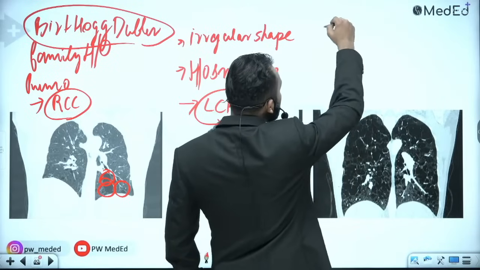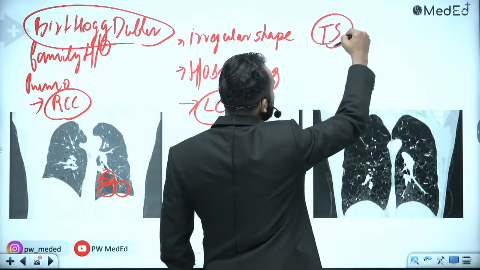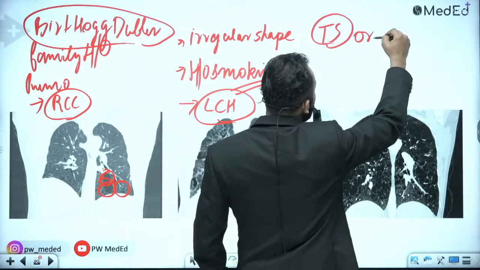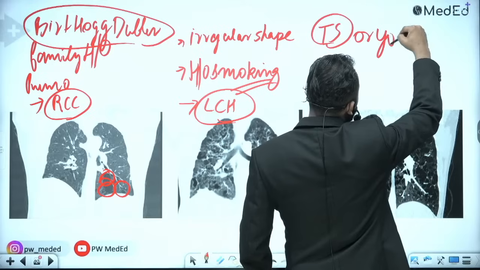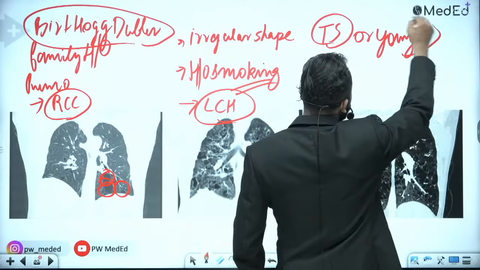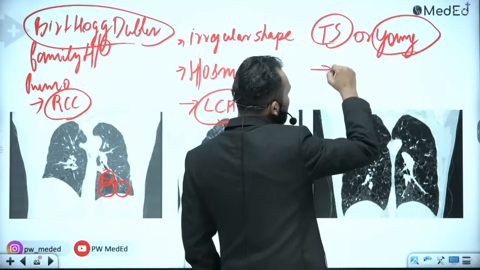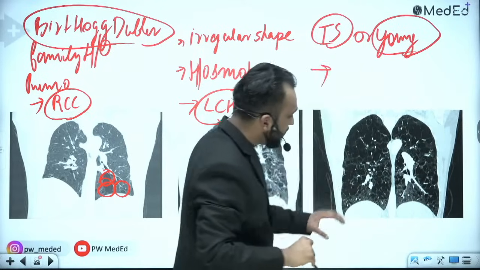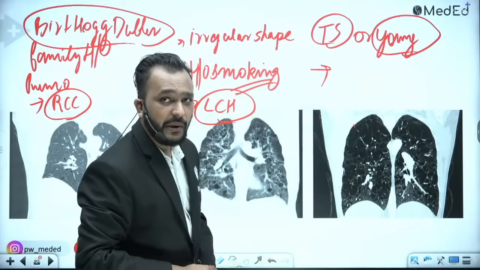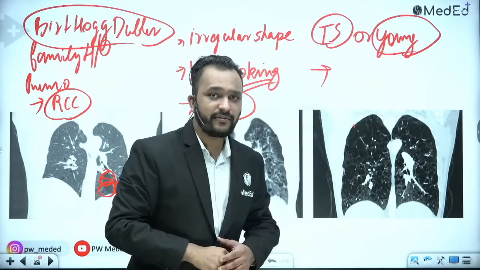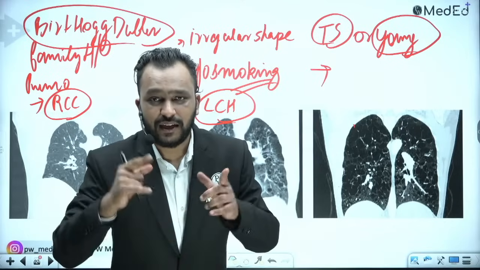you can be given that the woman is young, of childbearing age. Multiple cysts are seen throughout the lung. Can you tell me what is the finding that you will see in the lung in patients with tuberous sclerosis?